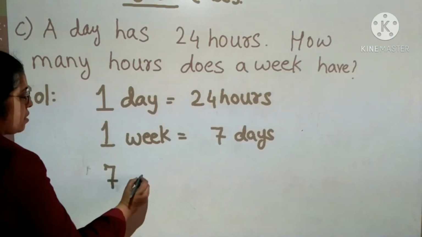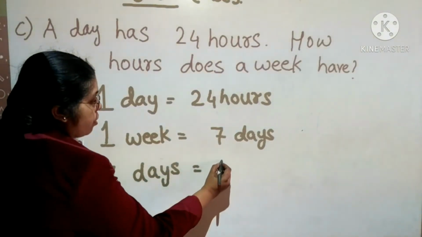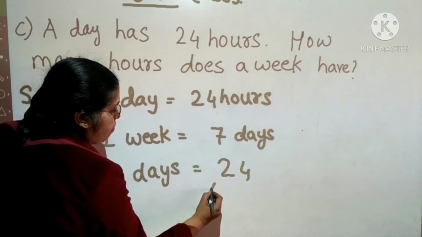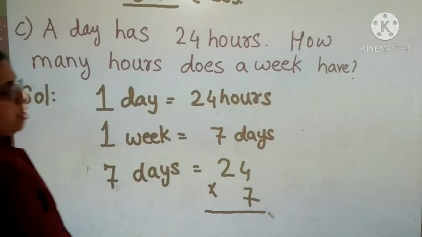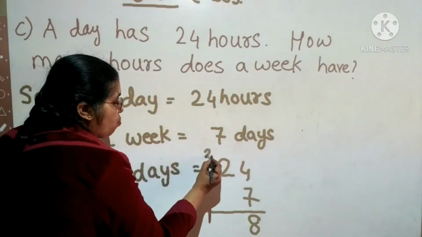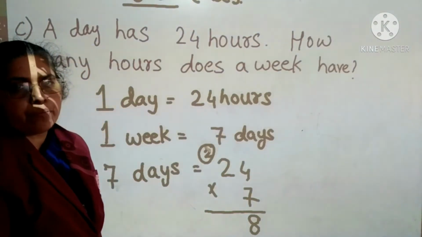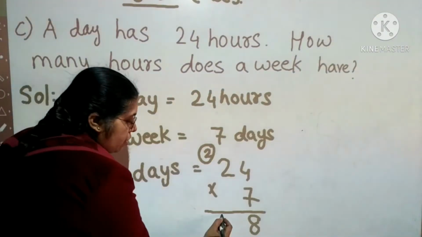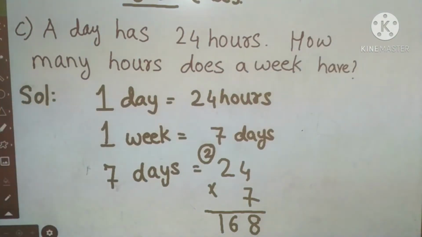So 7 days is equal to 24 multiply 7. 7 fours are 28. Carry 2. 7 twos are 14. 14 plus 2, 16. 168. But how many hours? 168 hours.